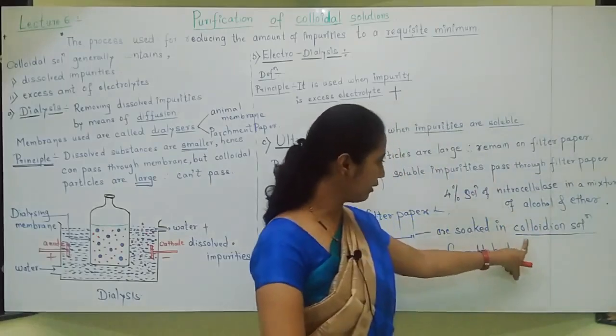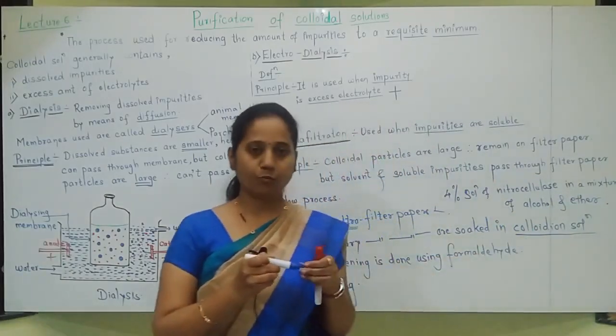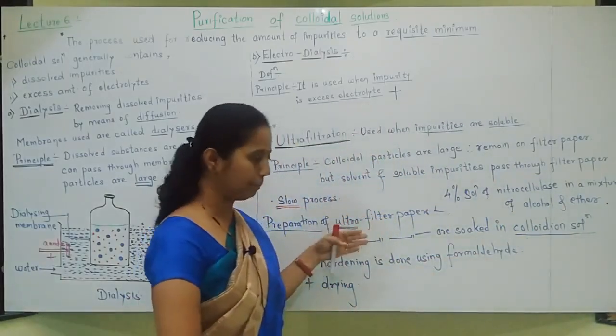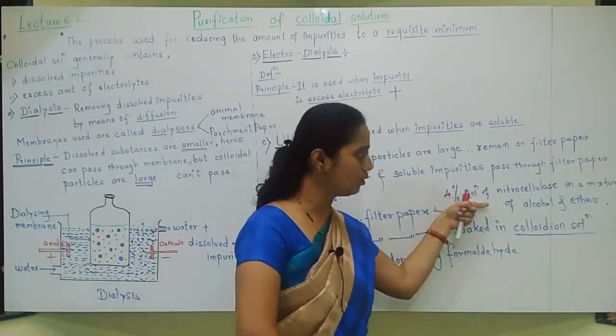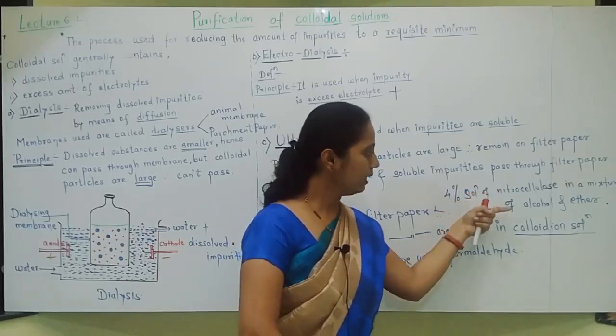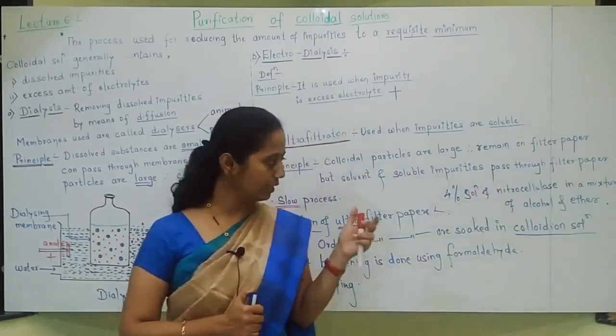You should know what collodion solution is. Why to prepare it and how to prepare it, we have seen everything. What is collodion solution? A 4% nitrocellulose solution in a mixture of alcohol and ether is called collodion solution.